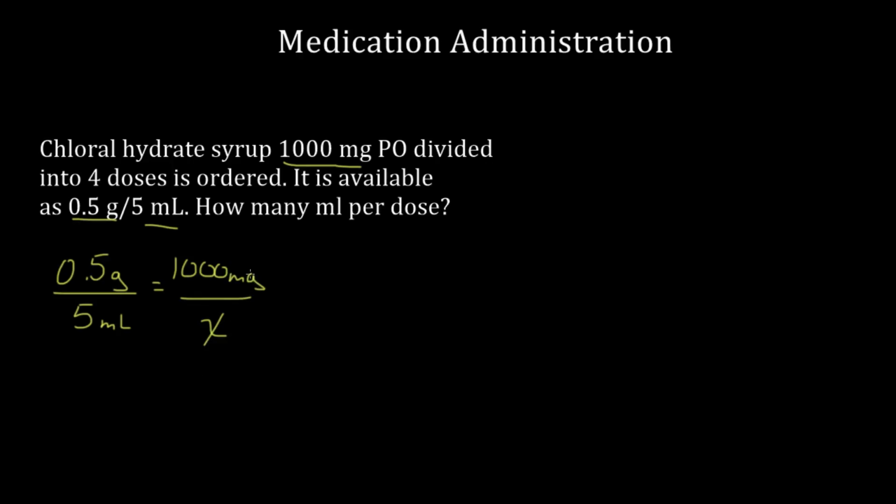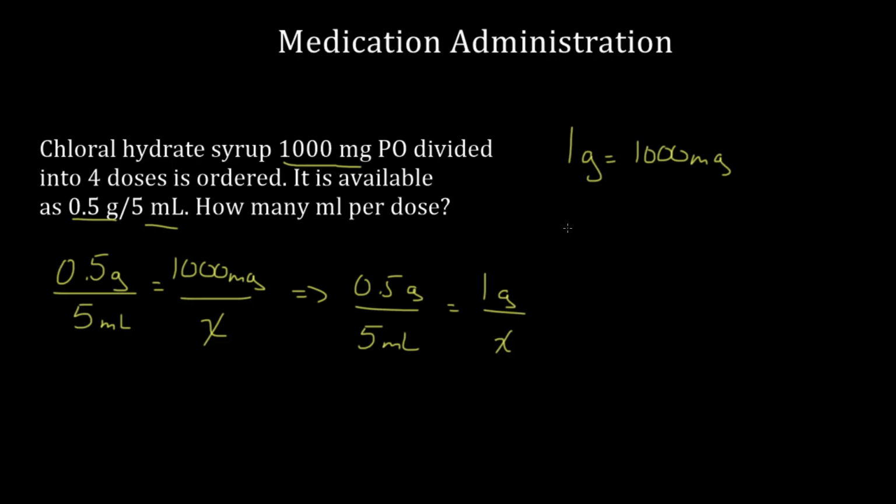Well, we see that we're going to have to convert these milligrams to grams. The conversion factor, we know that 1 gram is equal to 1,000 milligrams. So we can just rewrite this with grams. I'm going to rewrite this whole proportion: 0.5 grams per 5 mLs is equal to 1 gram over x, which we're trying to find. We're going to do our cross multiplication.